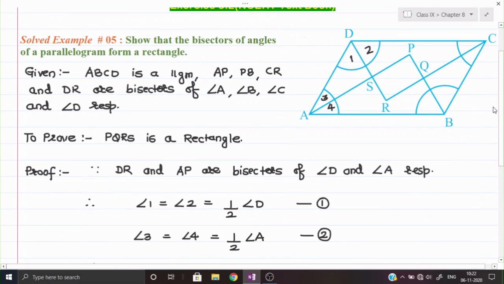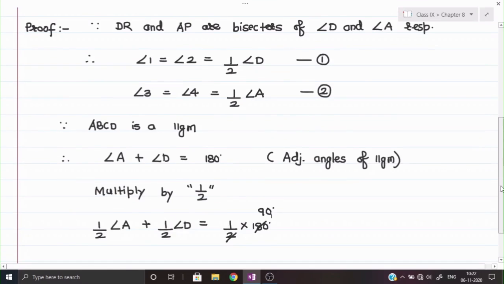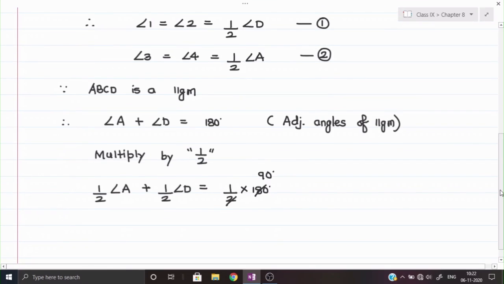Observe one triangle is there. The name of the triangle is DSA. Look at the triangle DSA. In that, angle 1 and angle 3 are coming. So we shall write down half of angle D as angle number 1 and half of angle A as angle number 3.